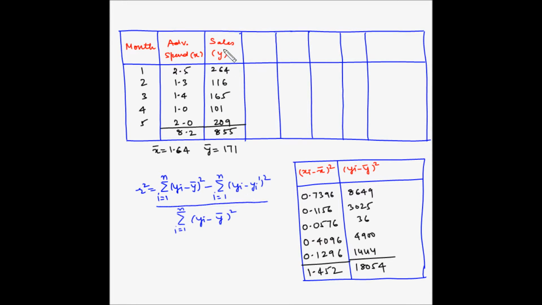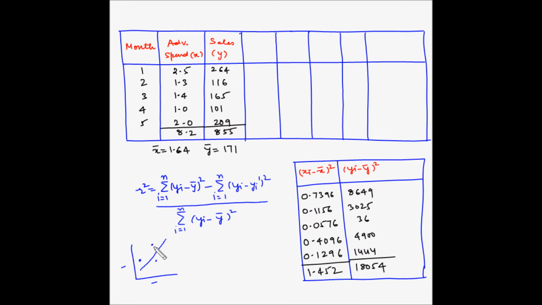Now we have the values of yi, we don't have the value of yi dash. Now what is yi dash? If this is the graph between the independent variable and the dependent variable, and let's say these are the 3 points and this is the regression line.